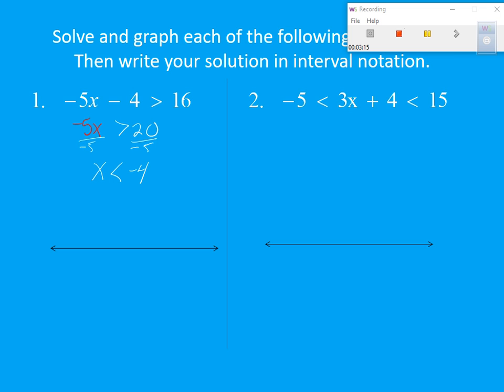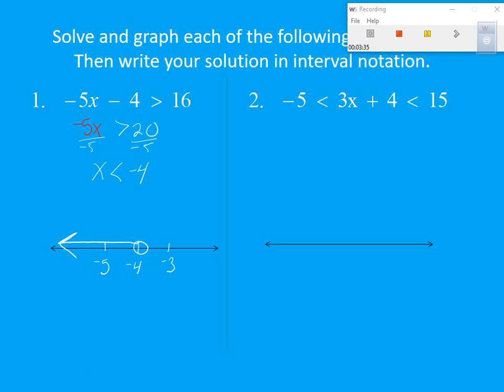Now, on a number line, I'm going to show you 2 ways it could look. Here's negative 4. That means there's negative 3 and negative 5. Traditionally, since this is just less than, we would have an open dot on the negative 4, and we would shade everything to the left.